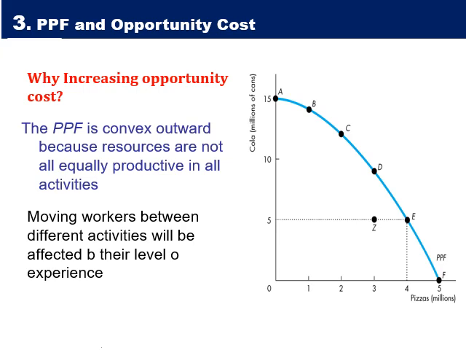So as I said, moving workers between different activities will be affected by their level of experience and skills. So we shouldn't expect that they will perform as well in the new job as they have performed in their field of experience.